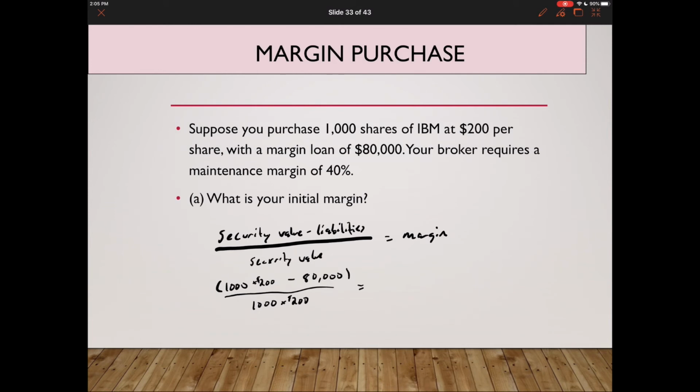And so what we end up getting is 200,000 is the total value of the securities minus the 80,000 margin loan. So my equity would be 120,000, and I divide that by the 200,000 security value, and my initial margin is 60%. Notice that I do exceed the maintenance margin of 40%, and I have an initial margin here of 60%.